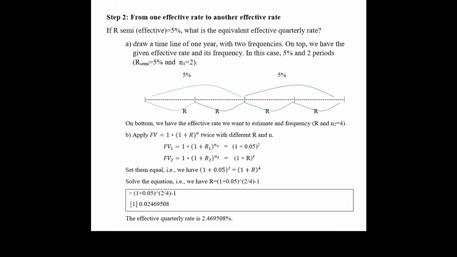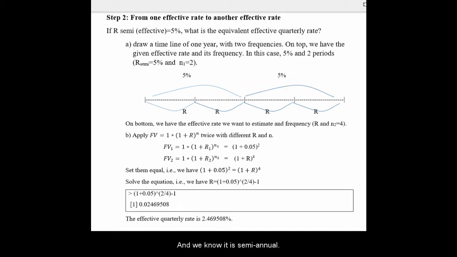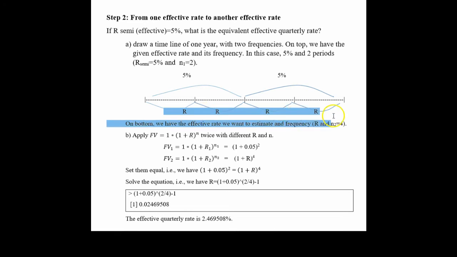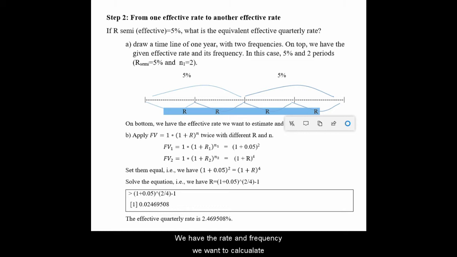On top, we have the frequency we know, which is 5% semi-annual, so the number of periods will be 2. Behind the timeline, we have the rate and frequency we want to calculate. Because we want to calculate the effective quarterly rate, we have 4 periods.